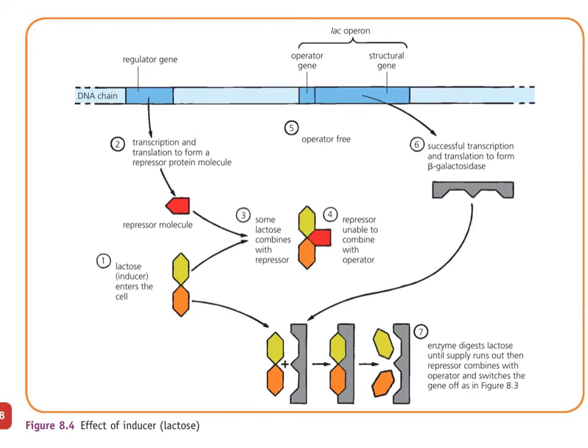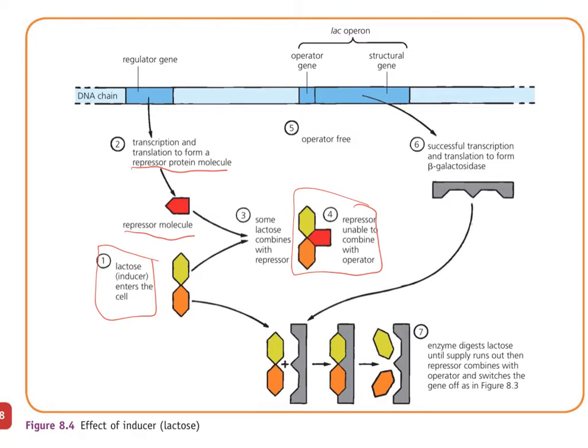But if lactose is present, then in this situation here you've still got your regulator gene, and you've still got the repressor molecule produced. But in this situation here, lactose enters into the cell, and the lactose combines with the repressor molecule. So here it is over here combining with the repressor molecule.